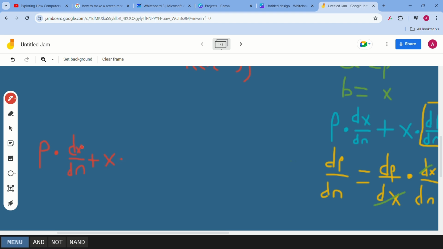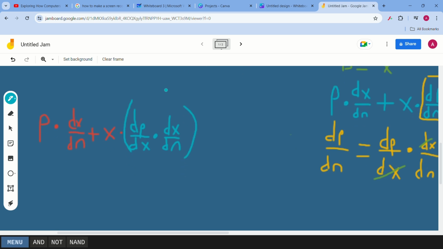Times, I'll put this in blue, fine. dp over dx times dx over dn. And I'm going to enclose this parenthesis.